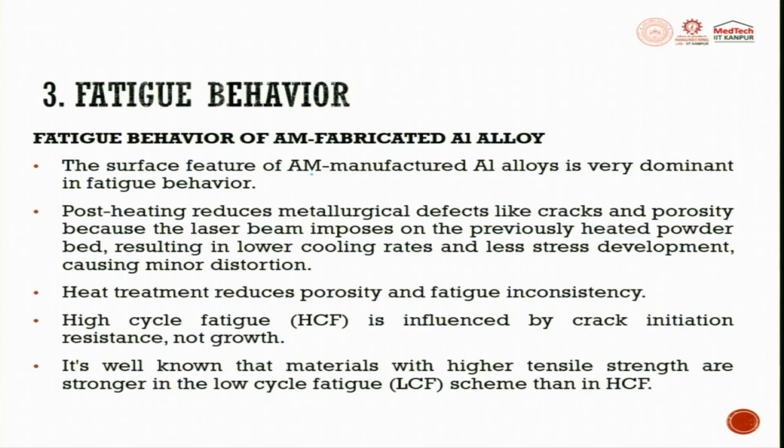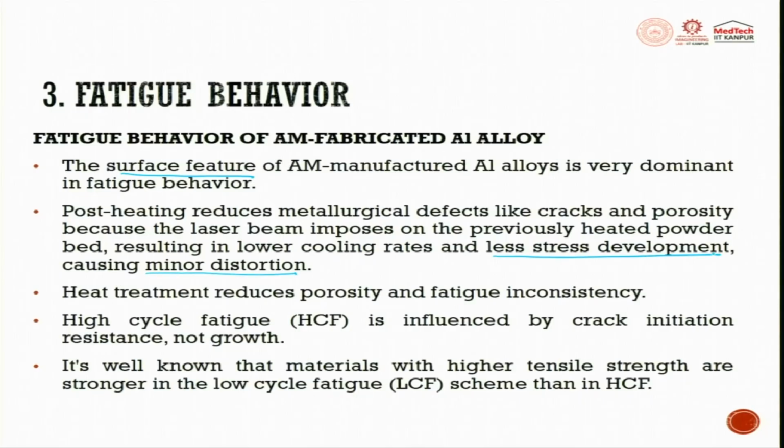The surface feature of additive manufactured aluminum alloy is very dominating in fatigue behavior. Surface feature. The post heating reduces the metallurgical defects like cracks and porosity because the laser beam imposes on the previously heated powder bed, resulting in lower cooling rates and less stress development, causing minor distortion.